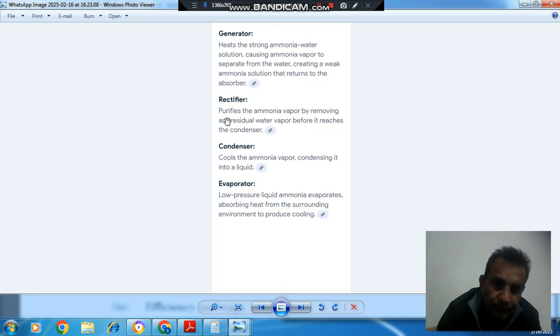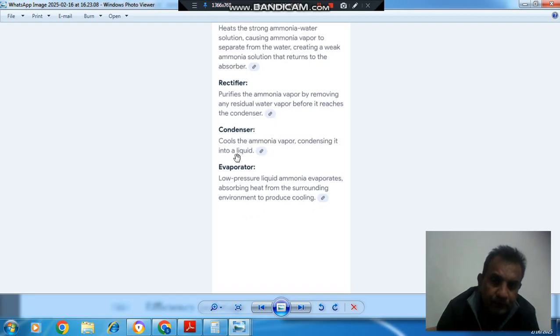Second component is rectifier, which purifies ammonia vapor by removing any residual water vapor before it reaches the condenser. Third component is condenser, which cools the ammonia vapor, condensing it into liquid. Fourth component is evaporator, where low pressure liquid ammonia evaporates, absorbing heat from the surrounding environment to produce cooling.